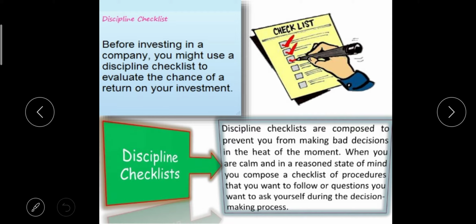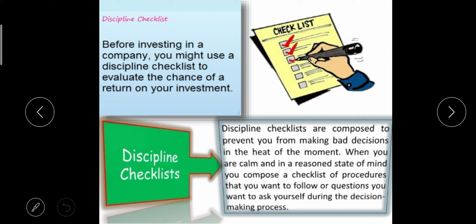When you are calm and in a reasoned state of mind, you compose a checklist of procedures that you want to follow or questions you want to ask yourself during the decision making process. Like if you want to invest in some company, before that you should ask many questions regarding your doubts, regarding the profit, and when you are going to get it back.